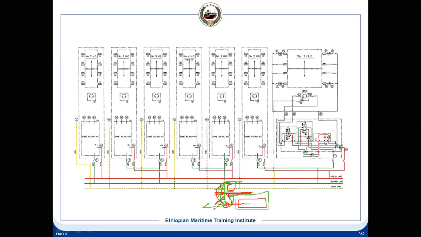Then the hydraulic jacks will lift the hatch cover so that the wheel is on the track, and only after that will it start moving in this direction. Otherwise it will not move, because there is an interlock here. So let us see how it is.